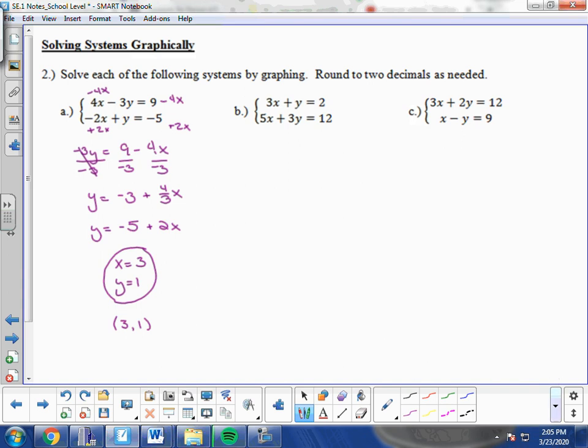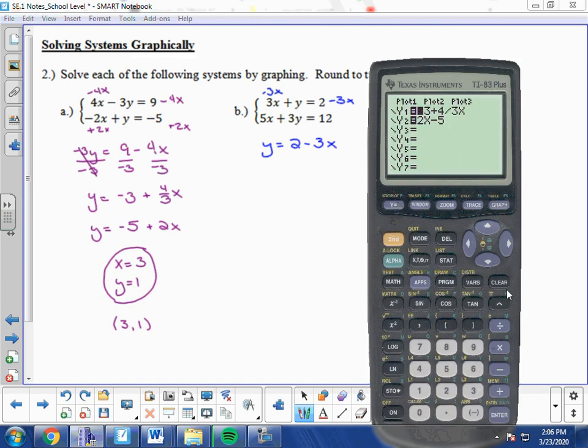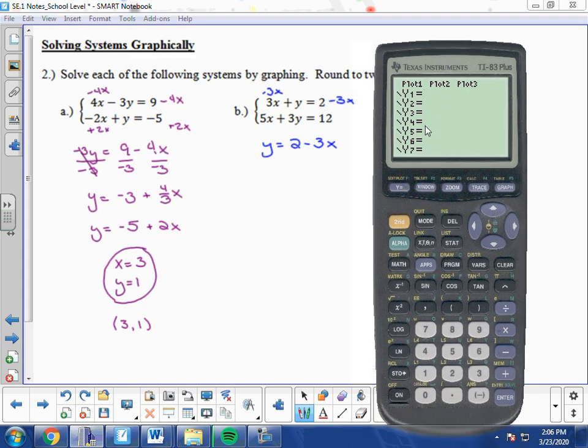Let's do b together. So in the equation listed first, here I might subtract 3x from both sides. That gets y by itself, so y equals 2 minus 3x. So I'm going to put that into my calculator. I'm going to clear out the ones that I had in there previously. So 2 minus 3x.